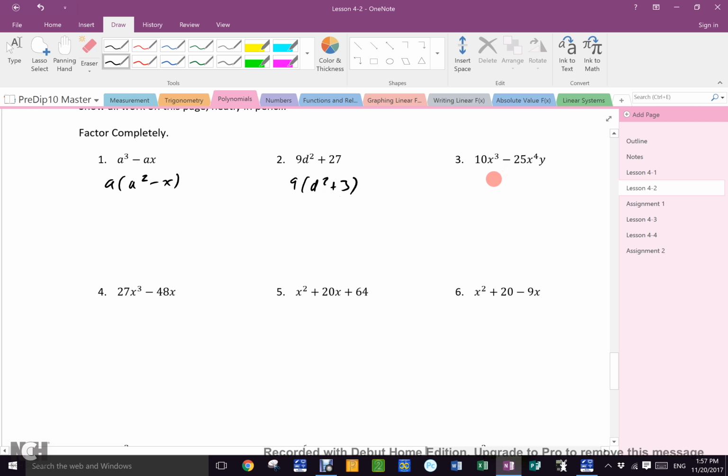Who's doing 3? Me. Hit me, Amshaman. 5x cubed, bracket 2 minus 5xy. Lovely. Who's doing 4? I'll do it. Hit me, Sarah. 3x... 9x squared, take away 16.